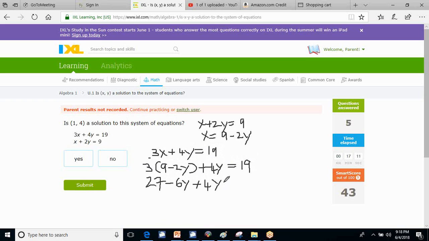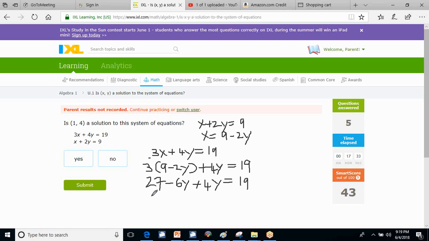And that's equal to 19. All right? So keep all your letters or all the variables on one side, all your numbers on the other side. So let's keep our variables on the left hand side.